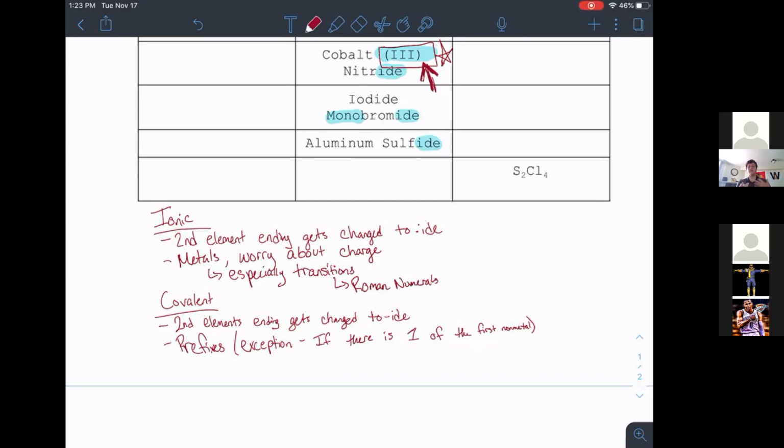And where do we look if we have to figure out Roman numerals? The Roman numeral chart, on the ion chart. Perfect. Ion sheet, that Roman numeral chart.